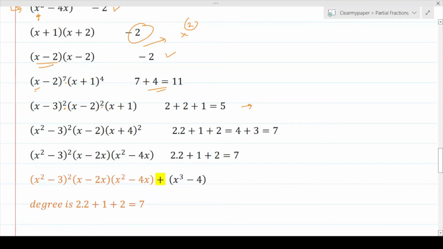But if you take this, the highest power of this particular piece is going to be x square, and hence the power is going to be 2. The highest power of this particular thing, it's all multiplication, again this is going to be x square. When you expand this it is going to be 2, and this has a power of 1, and hence we have added this. And since it's all multiplied, we need to add the exponents. So this becomes 2 plus 2 plus 1 is equal to 5. That's how it is done.